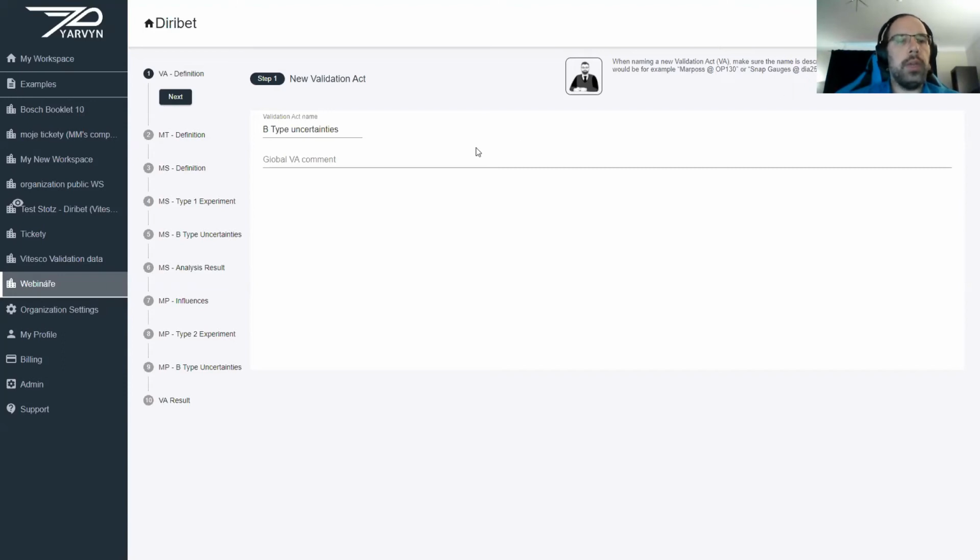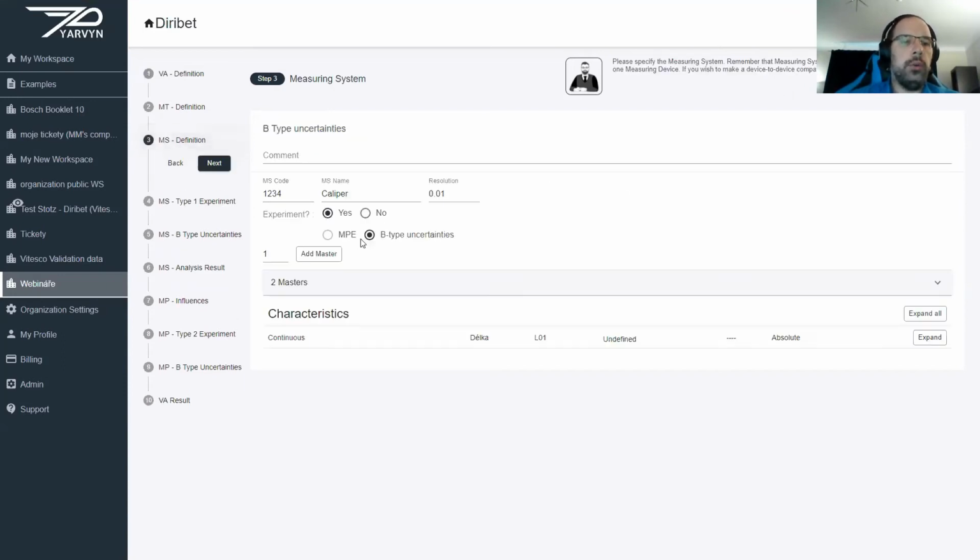So the only thing you need to do is to fill the resolution of the measurement system. In here I have 0.01 for some standard caliper, and the uncertainty from resolution is calculated directly from this value. So it's not necessary to add the uncertainty of resolution separately to the system. It's calculated directly from the resolution.